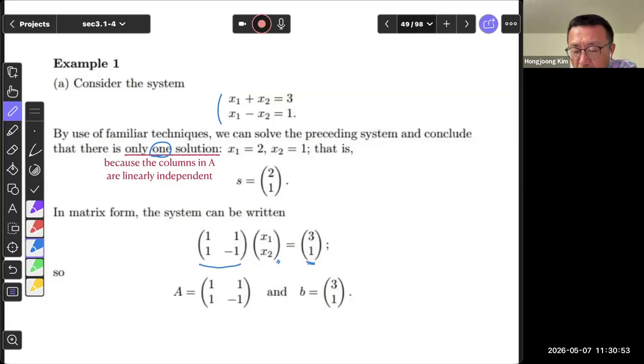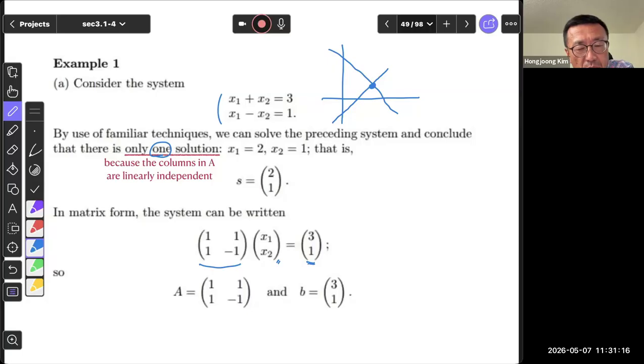Right? I mean, there are many ways. You can draw the graph of x1 plus x2 equals 3 and x2 equals x1 minus 1, then you can find the intersection and that will give you the solution.